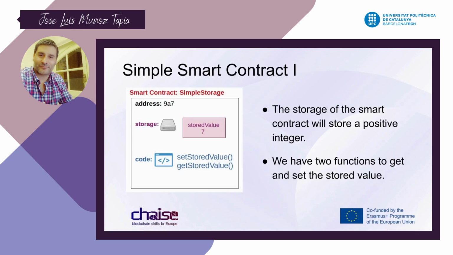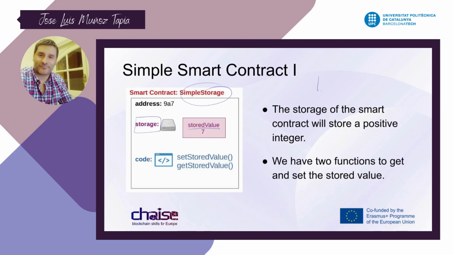What we're going to do is build a very simple smart contract, which is typically called a simple storage smart contract. Well, I called the file first, but I'm going to call the smart contract SimpleStorage. The idea is that I'm going to use only one slot of the storage, and I'm going to refer to this slot through one variable that I'm going to call stored value.